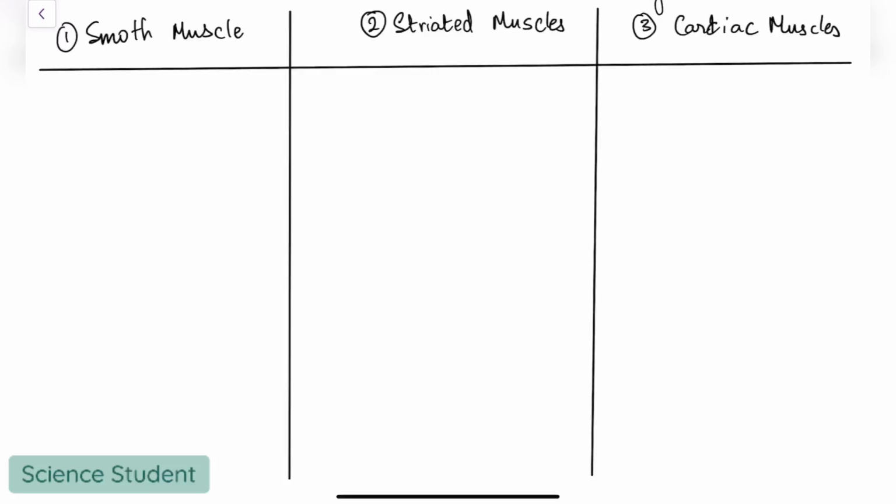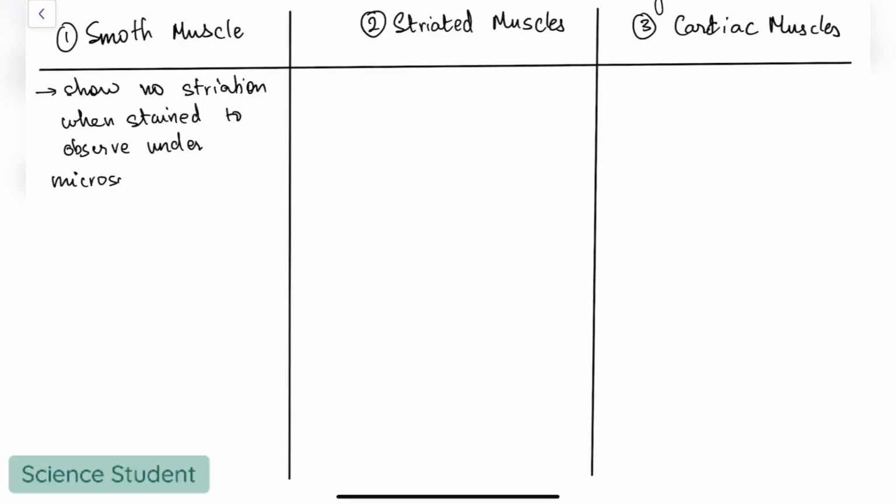Okay, so the first point, the smooth muscles show no striations when stained to observe under microscope. Now, what are striations?